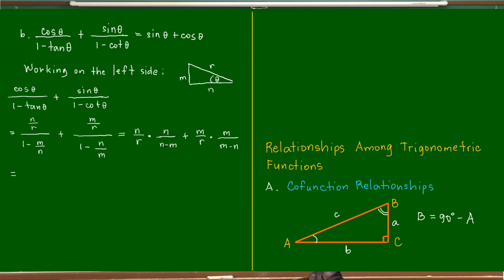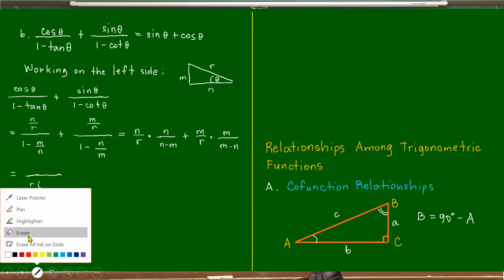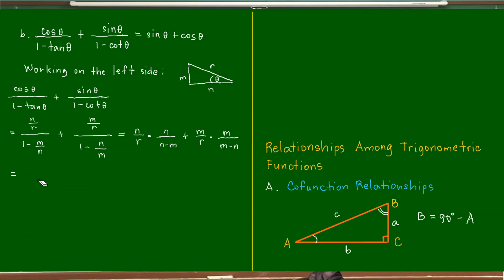If I factor out the negative in the denominator n minus m, that becomes negative r times the quantity m minus n. So it has the same denominator as the second term.